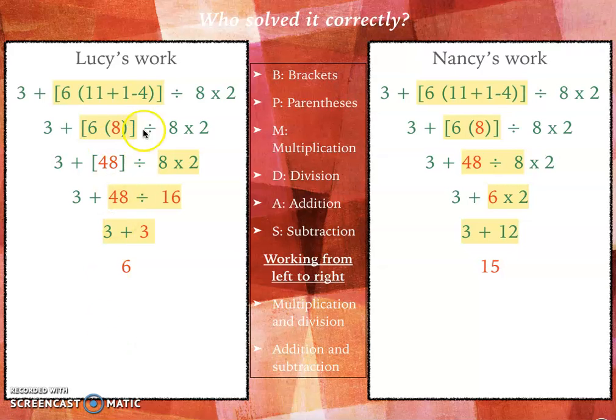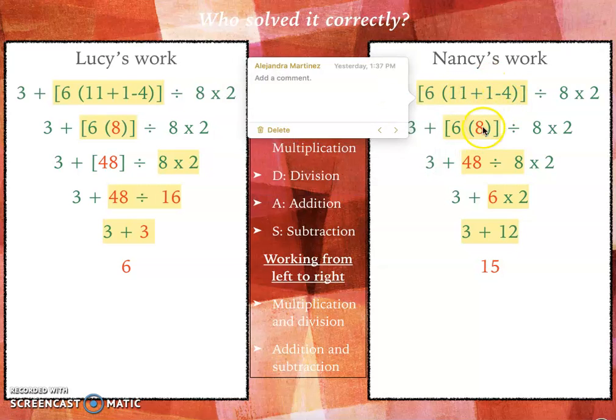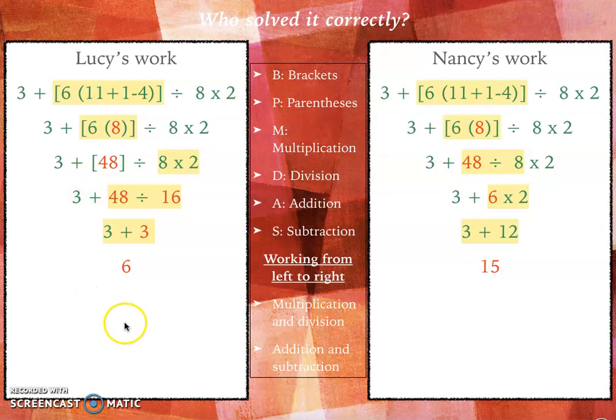They both highlighted the brackets, so they're off to a good start. They both solved the parentheses first and got 8. 11 plus 1 is 12, minus 4 is 8. So yes, they got it right, and they did the first step in the brackets correctly.